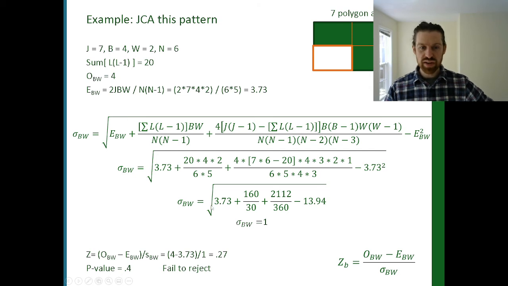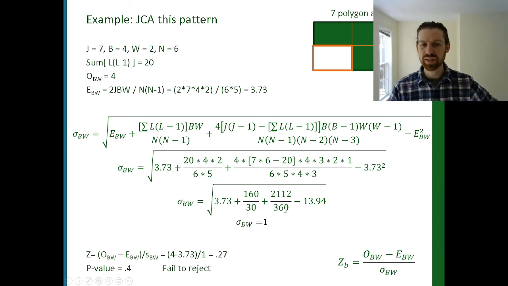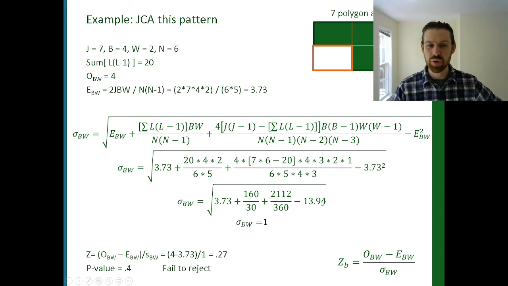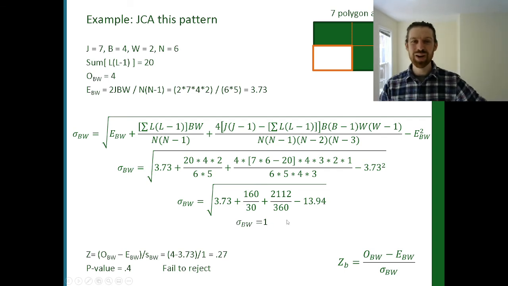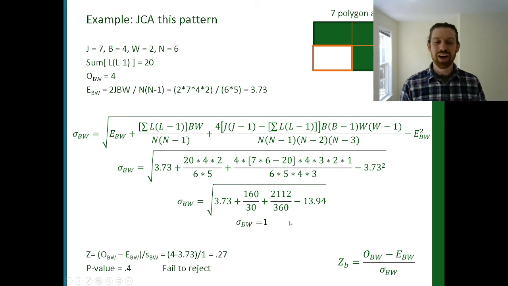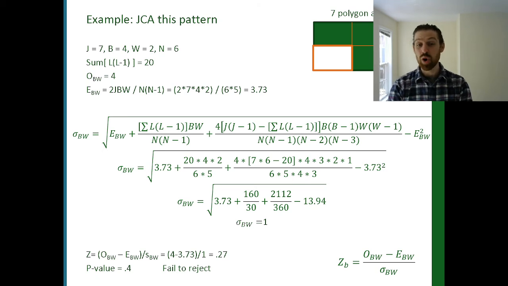So we're basically taking the square root of 3.73 plus 160 divided by 30 plus 2,112 divided by 360 minus 13.94, and we get, rather surprisingly and quite simply, a standard error of the joins of 1, which makes it super easy for us to calculate further because there's no decimalization we need to worry about.